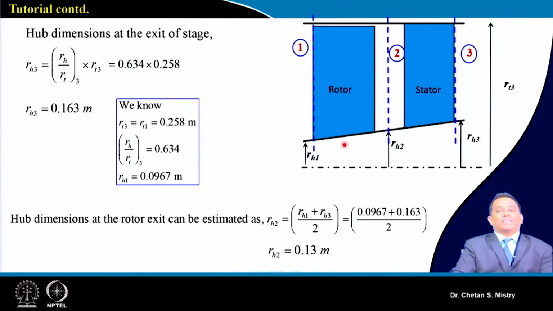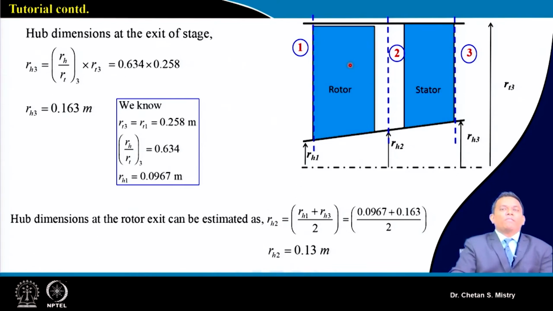So it may be possible that you need to play with certain parameters. Maybe you will change your hub diameter here and there, at the entry or at the exit, or you will change your tip diameter slightly. That is all the designer's choice, as per your requirement.